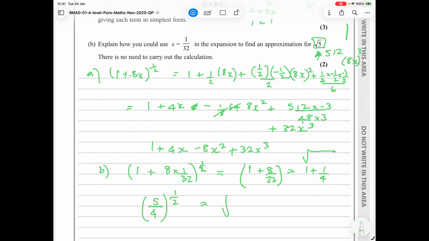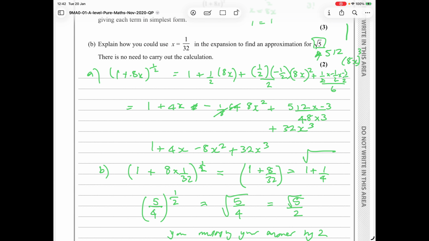That is root 5 over 4, which works out as root 5 over 2. So it's a great approximation, providing at the end you multiply your answer by 2.